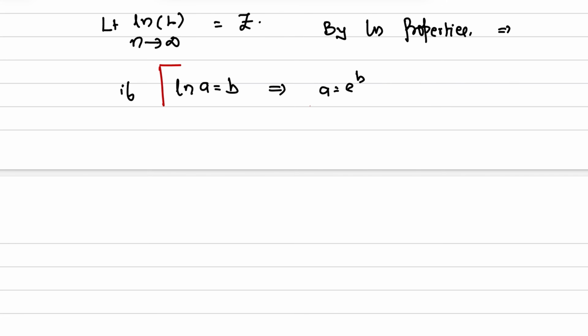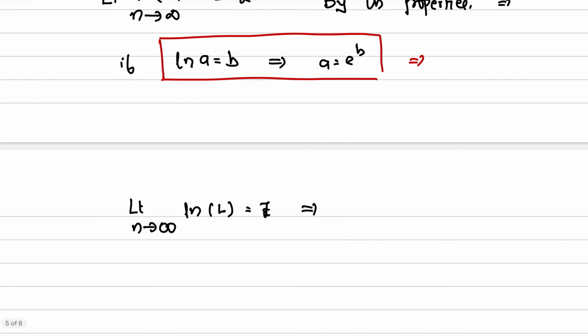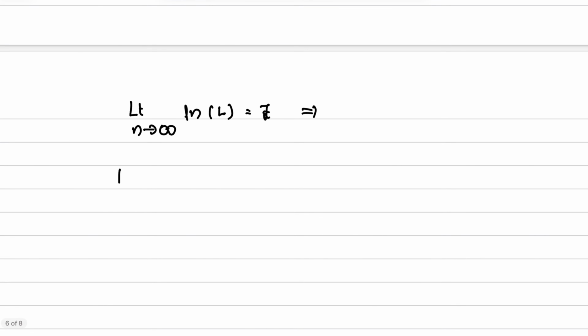Please remember this. From this, limit n tends to infinity, ln L is equal to z implies limit n tends to infinity, L is equal to e to the power of z.